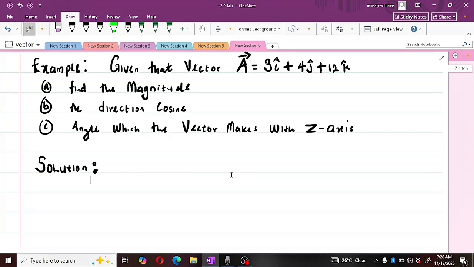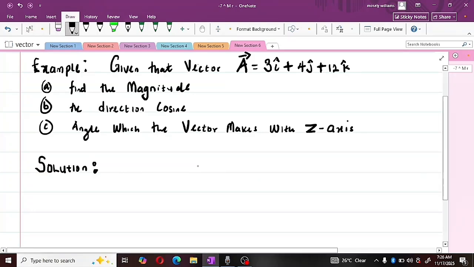Okay, very good. Now, first things first, we need to understand that this vector A has what we call the components and its unit vectors. So this vector A, I can rewrite it as A is equal to Ai plus Bj plus Ck, right?